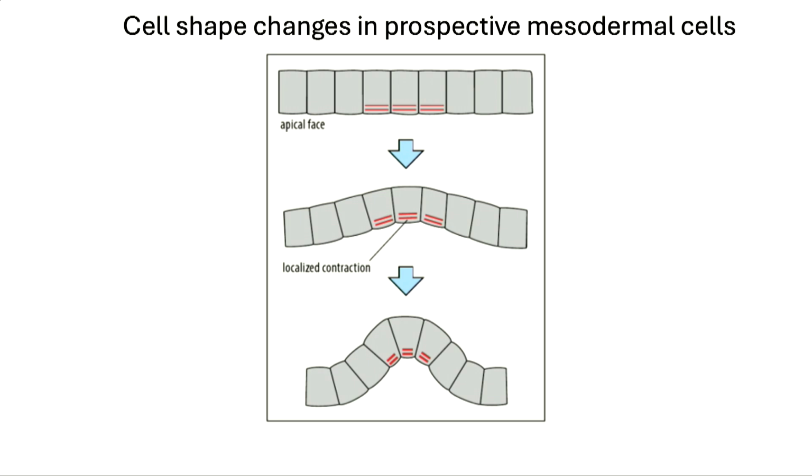So what's happening in gastrulation, and specifically in the Drosophila embryo, is that we have this layer of cells, and then we are at a point at which some region of the cells constrict in one location and then they're moving inwards. Okay? So this apical constriction occurs so that the cell shape change can take place.